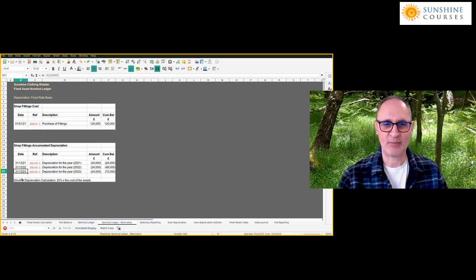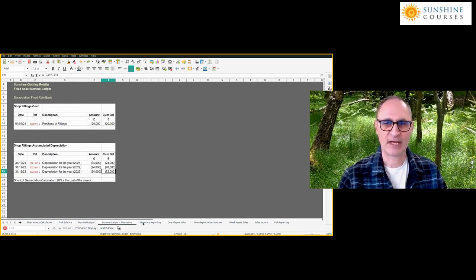And the reason this then becomes very easy is if you want to calculate a shortcut way of calculating depreciation, you can simply look at the total cumulative balance on your shop fitting costs of the year and multiply it by 20% or whatever your depreciation rate is. And it's very easy to calculate the depreciation. And once again, the cumulative balance on the nominal cost and the cumulative balance on the depreciation, if you net the 2 off together, give you the correct trial balance figure.